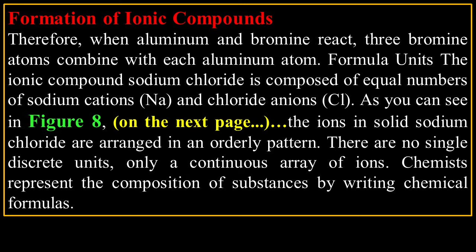Formula units. The ionic compound sodium chloride is made of equal numbers of sodium cations and chloride anions. As you see in figure 8 on the next page, the ions in solid sodium chloride are arranged in an orderly pattern. There are no single discrete units, only a continuous array of ions.